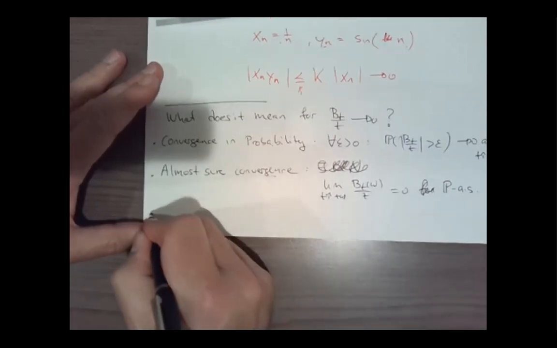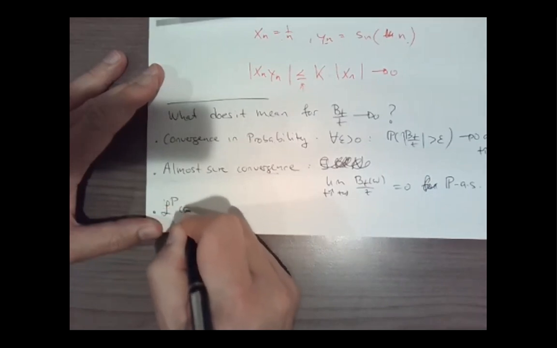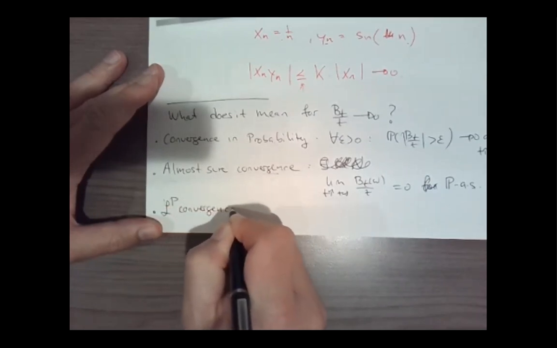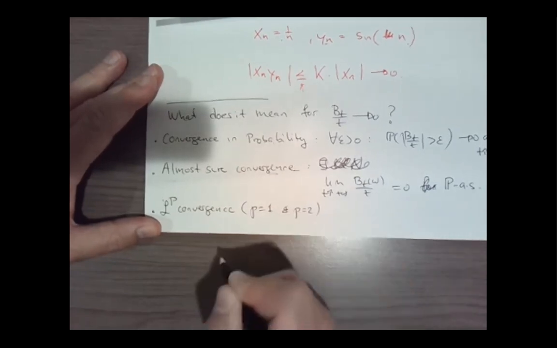We will also be using one that's called L^p convergence. As usual, p equal to 1 and p equal to 2 are the important ones.